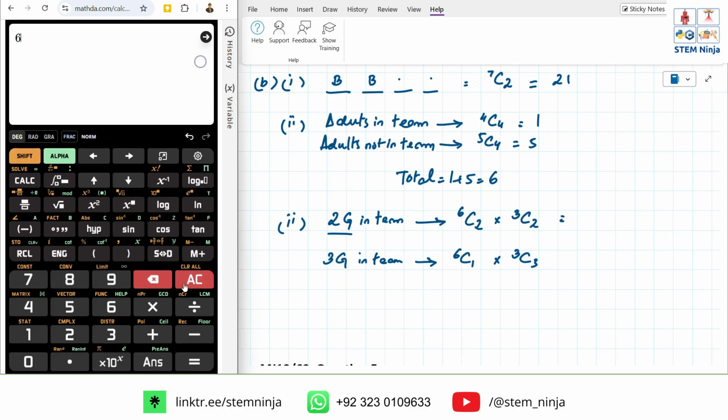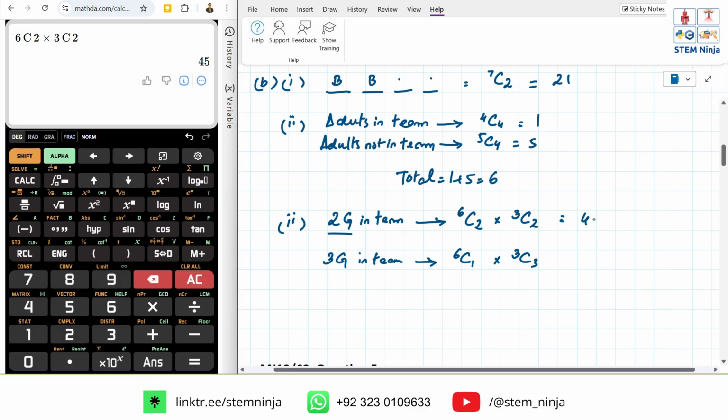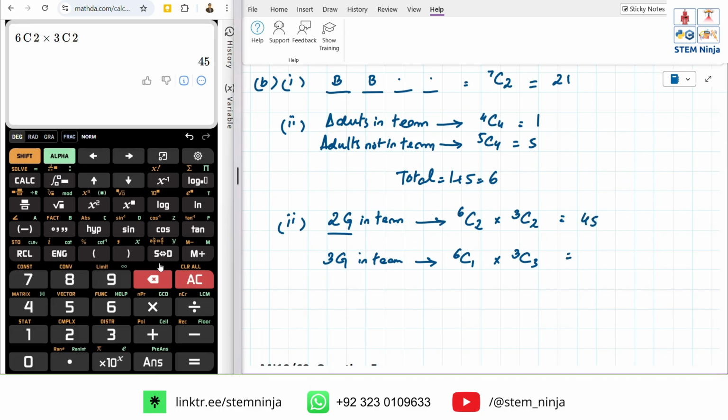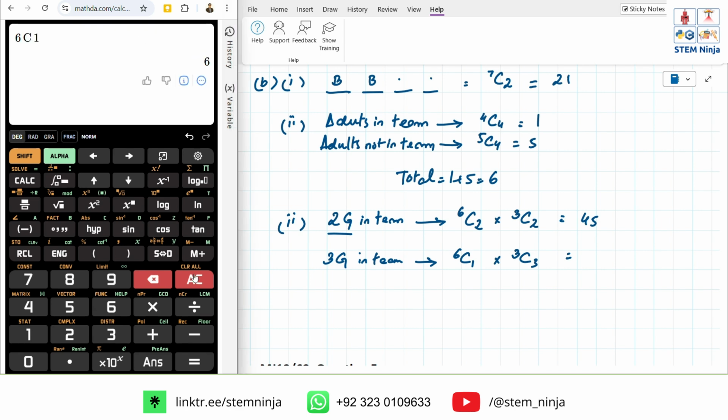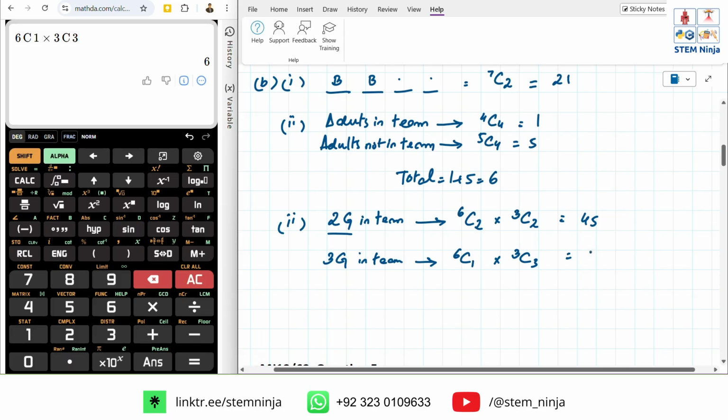So this will be 6C2 times 3C2, which is 45. And 6C1 times 3C3, this would be 6. So total would be 51. Straightforward.